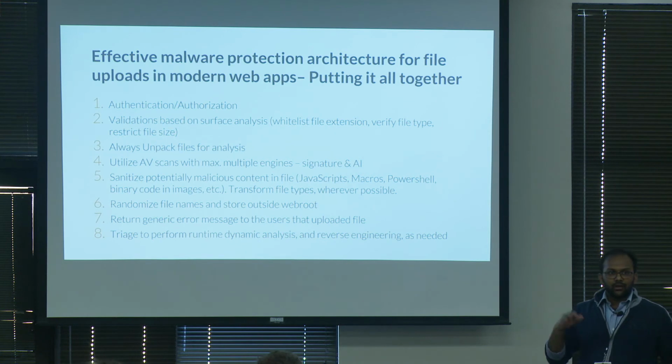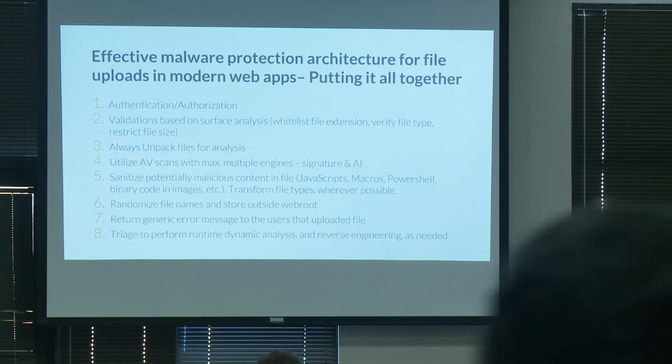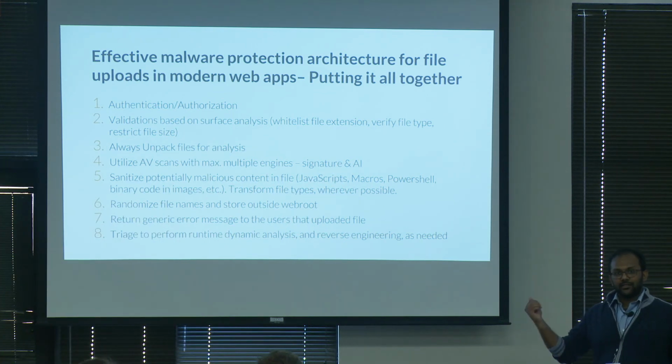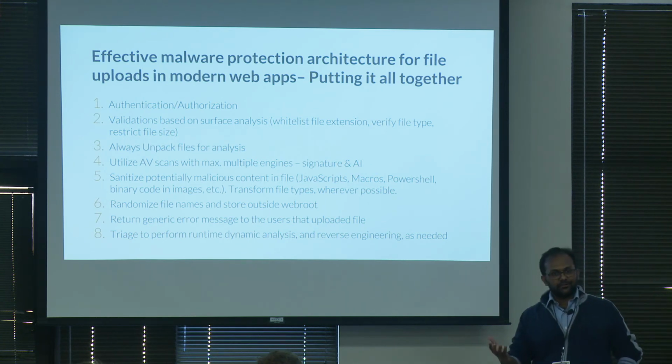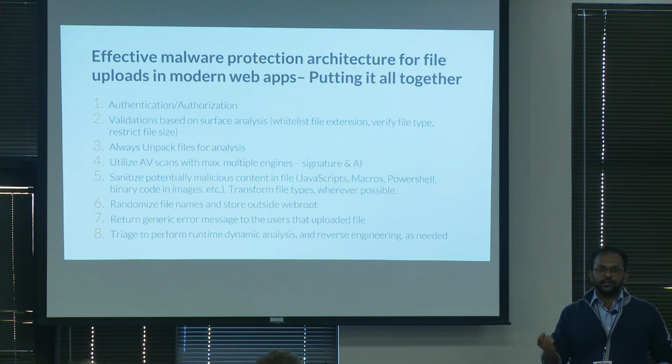Third, always, every time, unpack the file and analyze after unpacking it. Number 4, utilize the AV engines, though they have drawbacks. It helps get that first opinion on whether the file is bad or not.